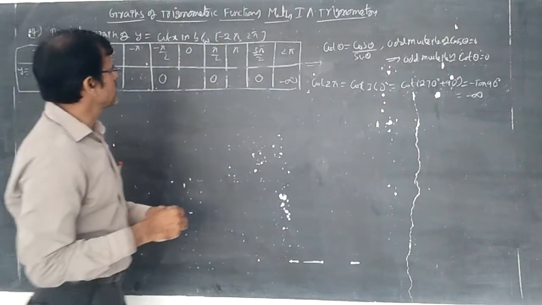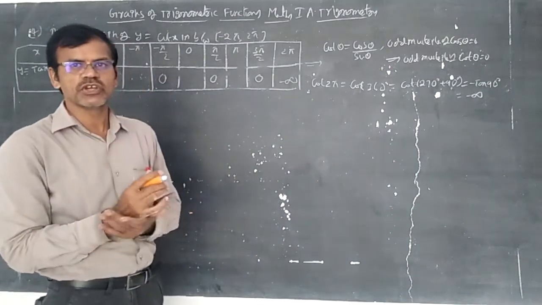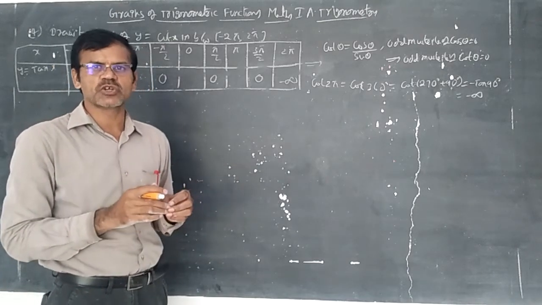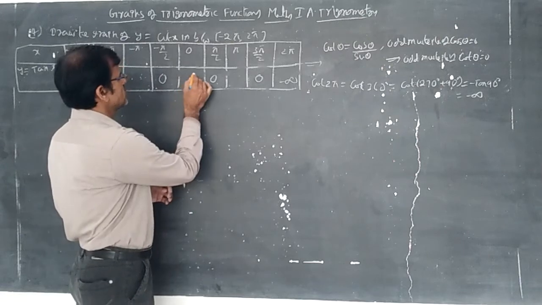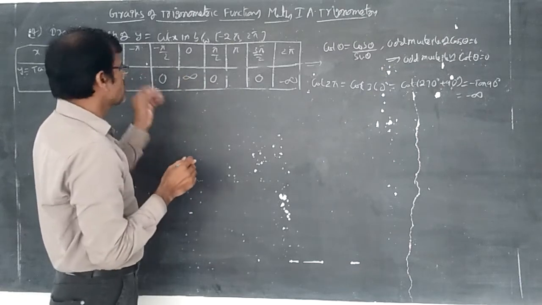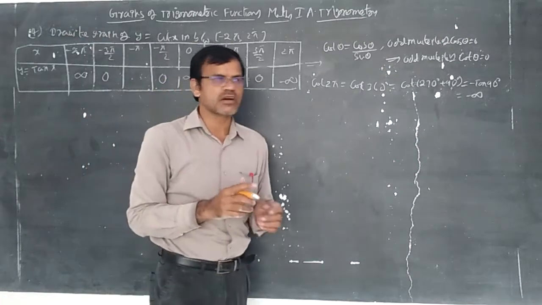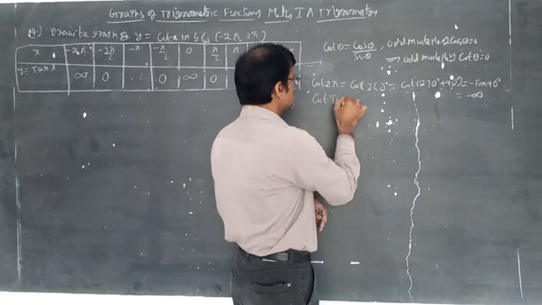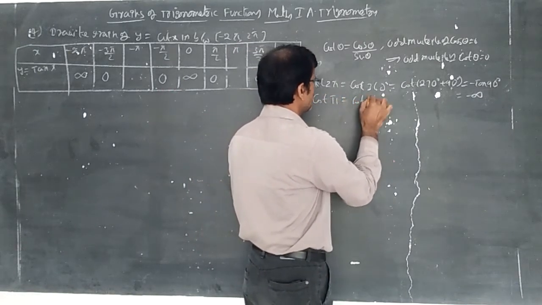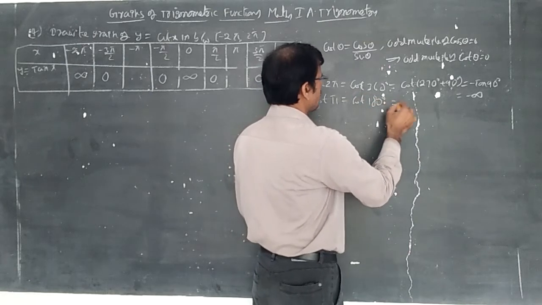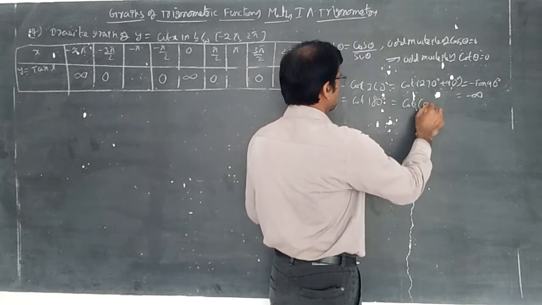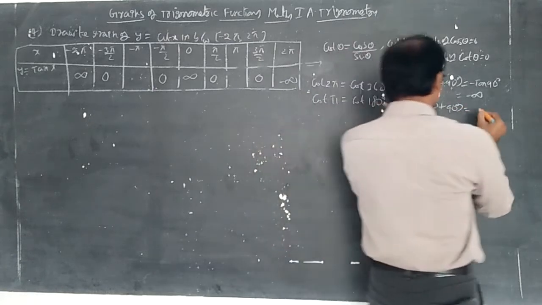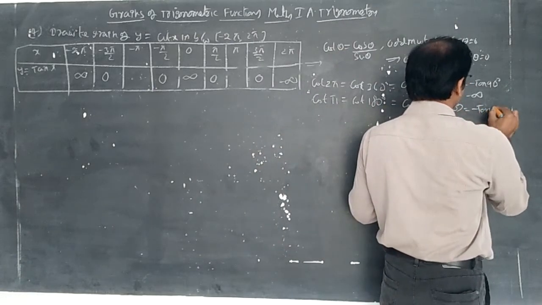Now cot pi you can write. Cot 0, we know cot 0 is cos 0 by sin 0, 1 by 0, it is infinity. So cot 180, that is cot pi, is equal to cot of 90 plus 90, which is minus tan 90, second quadrant.